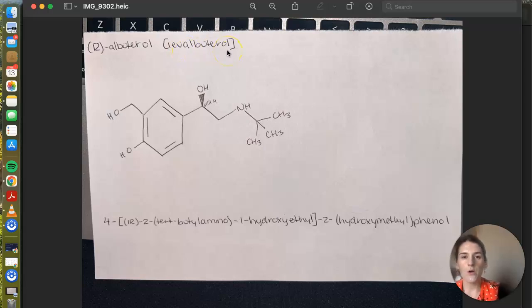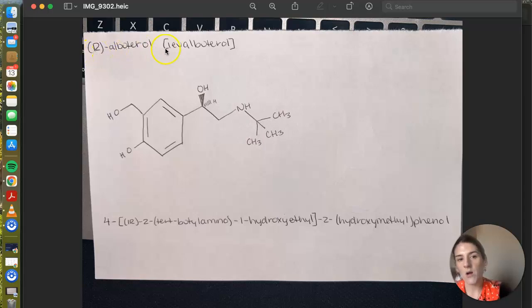So albuterol in the racemic state is a beta adrenergic agonist. So it causes bronchodilation on the beta receptors in the lungs. However, it can also cause a sympathetic response, which increases heart rate as well.